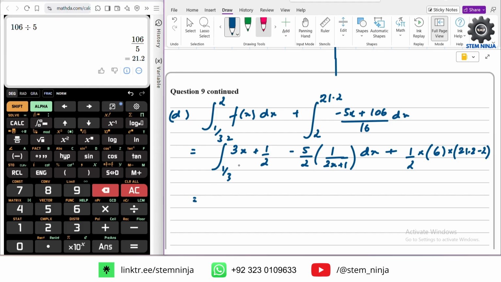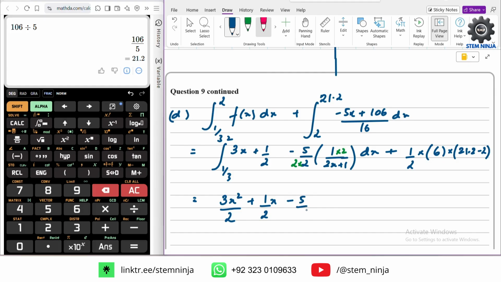So 3x, so this becomes x squared over 2 plus half x. Now we need the integral of this. We need to multiply this by 2 times 2 to make it ln.